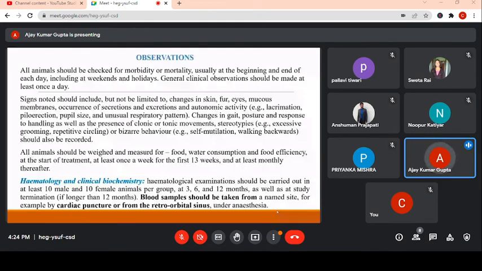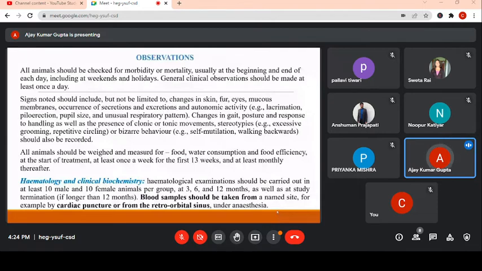So in the observation, hematology and clinical biochemistry, the important criteria, the parameters, the hematological examination should be carried out in at least 10 males and 10 female animals per group at 3rd, 6th and 12th month interval, as well as at study termination if longer than 12 months.